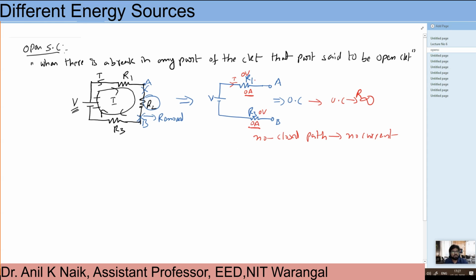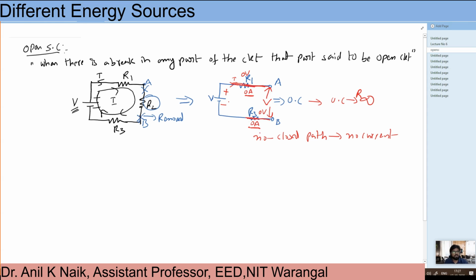If there is 0 amperes and 0 voltage drop, can I say it becomes a short circuit? There is no current, no voltage drop; it looks like a short wire. Then whatever voltage source potential is available, that is going to appear across this terminal.